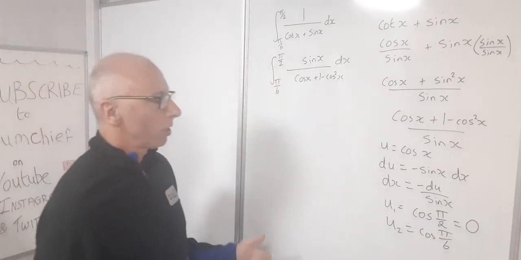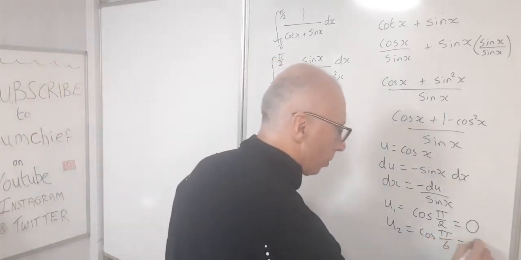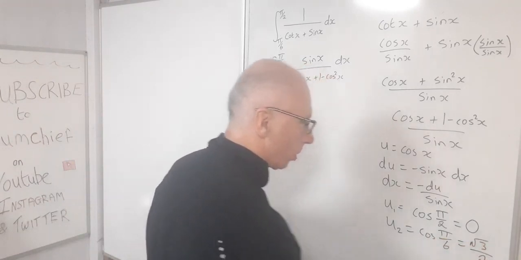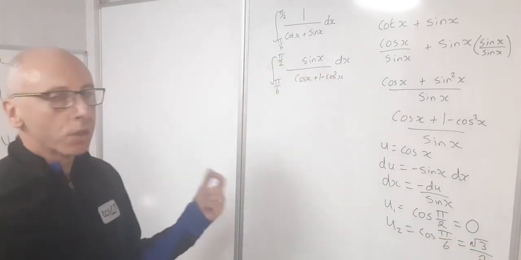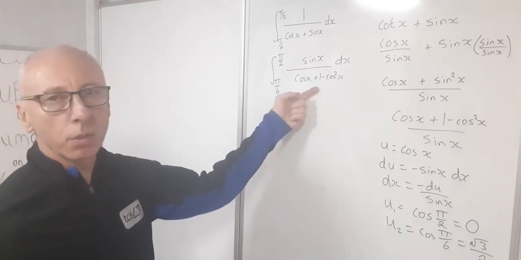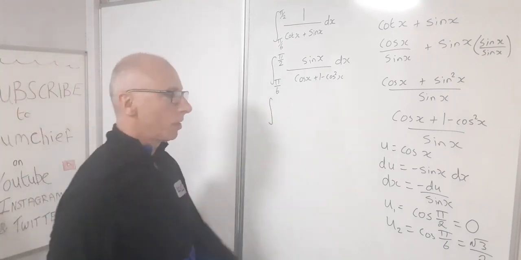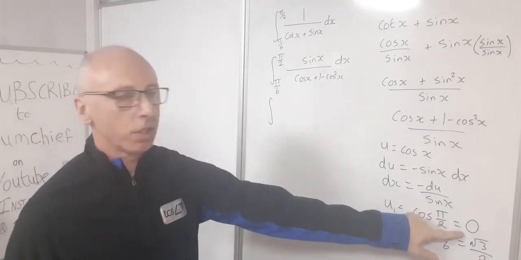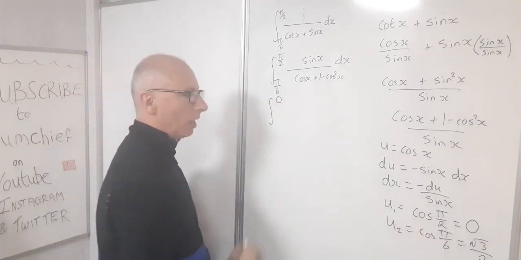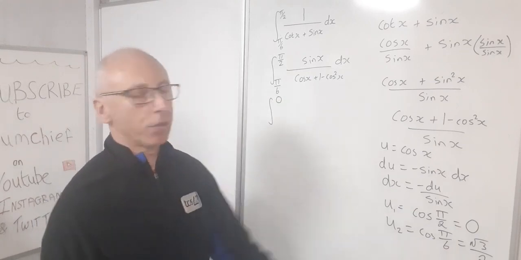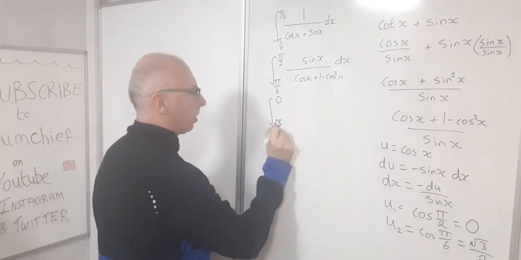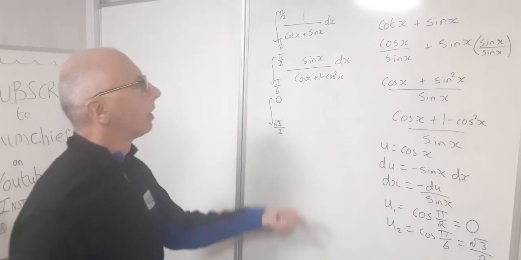Well, we know that from the unit circle, that is root 3 over 2. So I've got all the tools I need now to take this into our u variable. So, parameters of integration: cosine pi over 2, that's 0, and then cosine pi over 6 is root 3 over 2. So that takes care of that.